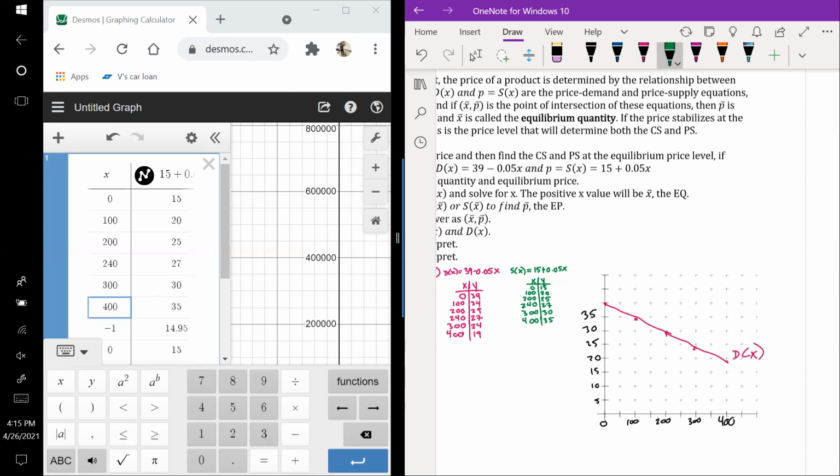And now let's draw s of x. 0 and 15, 100 and 20, 200 and 25, 300 and 30, and then 400 and 35. There's s of x. And of course, right where they intersect, that's our point of 240 and 27.